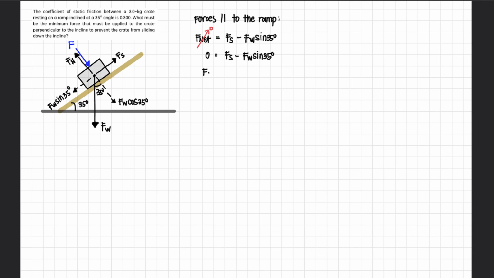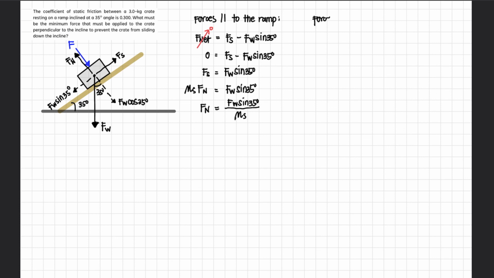So Fs equals Fw sine of 35 degrees, but then Fs is μs Fn, that's Fw sine of 35 degrees. So the normal force is equal to Fw sine of 35 degrees over the coefficient of static friction, μs.